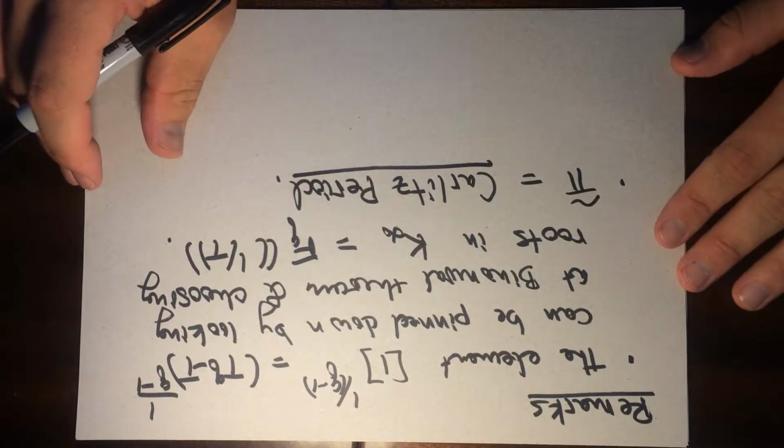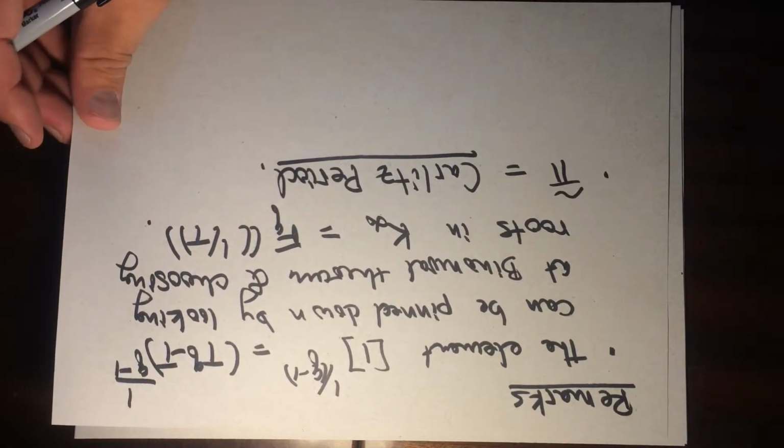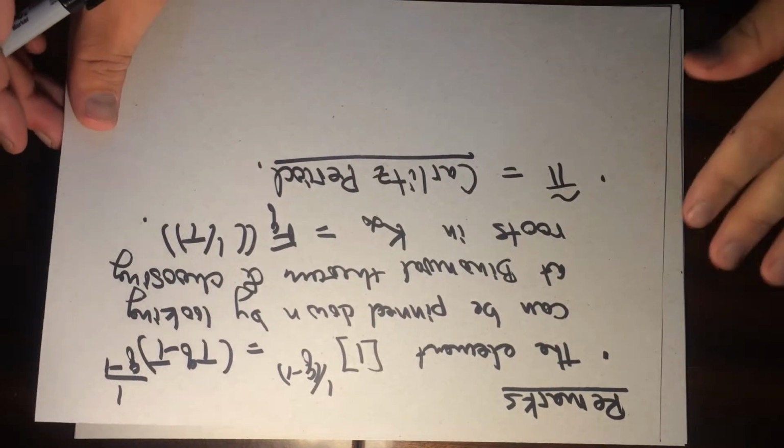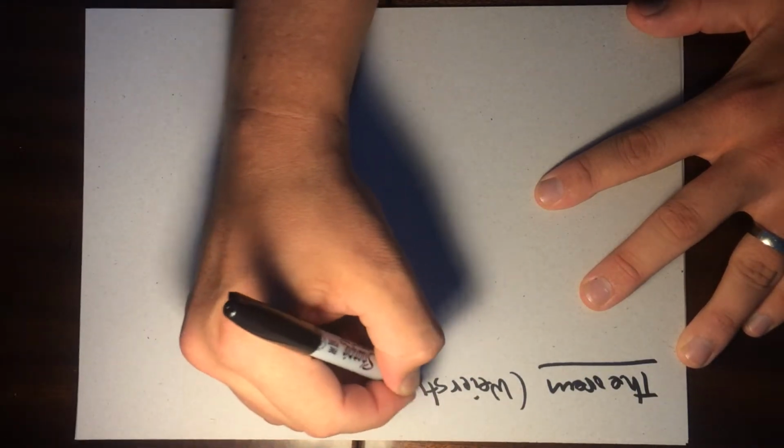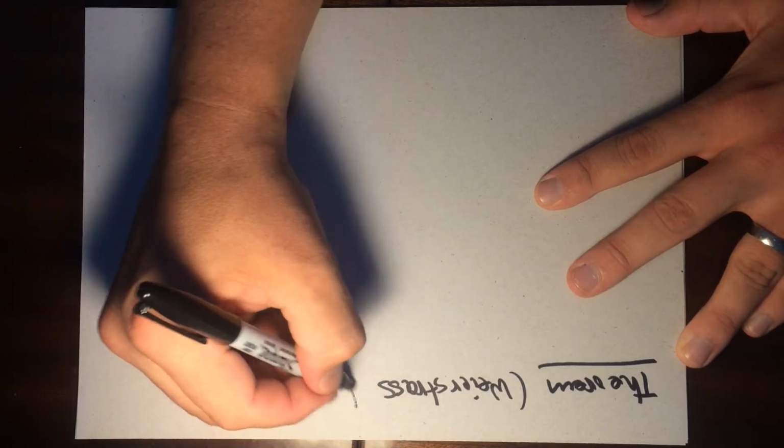Okay. So that being said, how do we do this? To do this, we'll need some version of the Weierstrass theorem. There's a theorem, and this is a factorization.